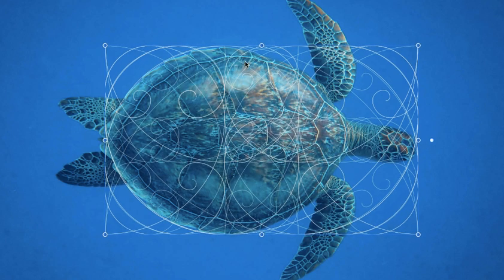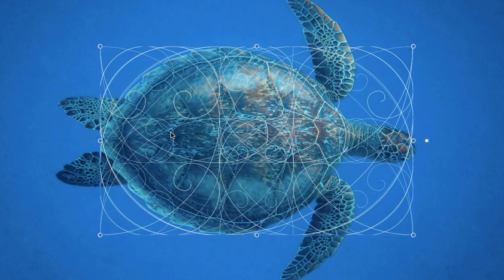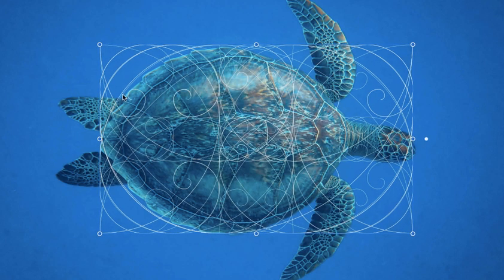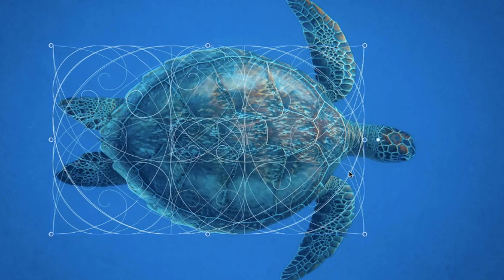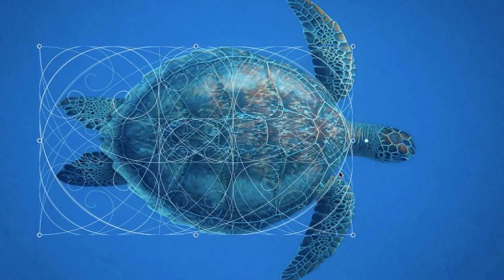There, that's getting the back of the shell pretty well. I would say very well. In fact, maybe down here a little bit, right to the back, which puts the shell inside that circle. And then vice versa.